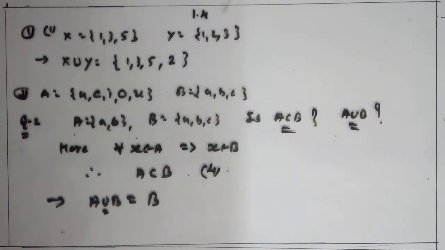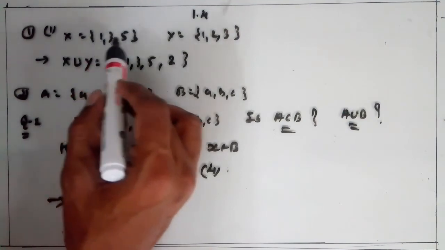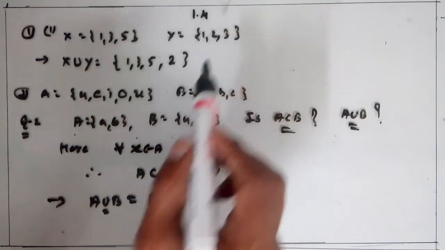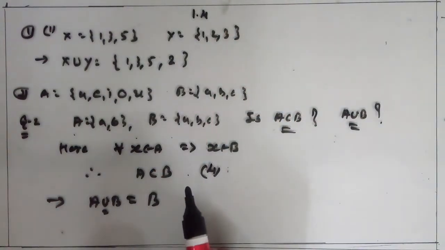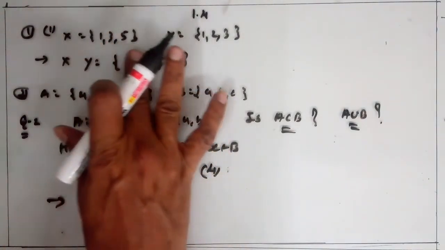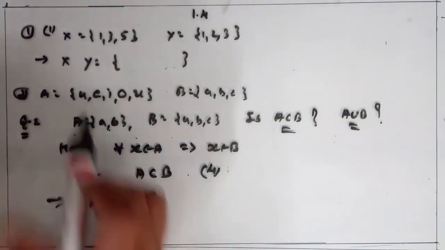Now question number 5. Find the intersection of each pair of sets of question number 1 above. In question number 1 given, X is equal to {1, 3, 5} and Y is equal to {1, 2, 3}. Then find the intersection of X and Y. Think which elements this intersection contains.